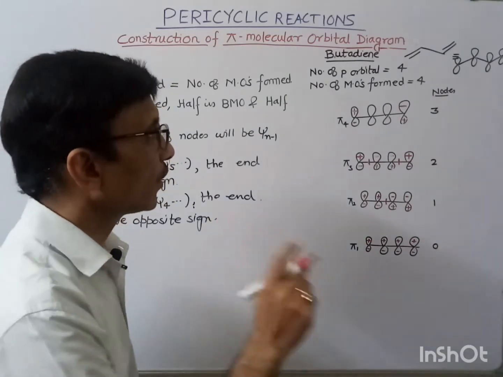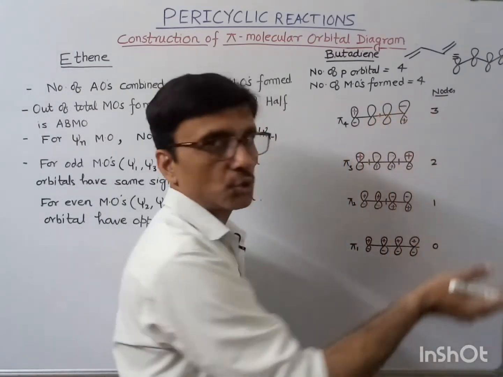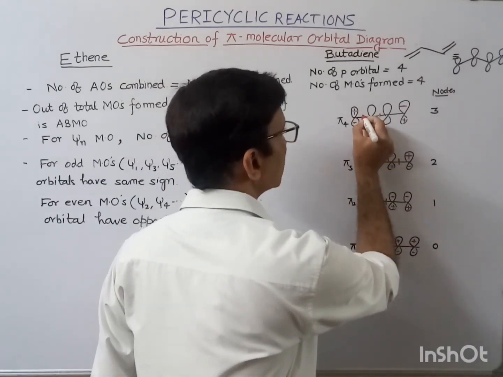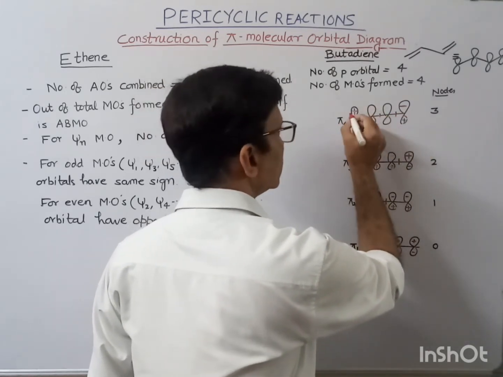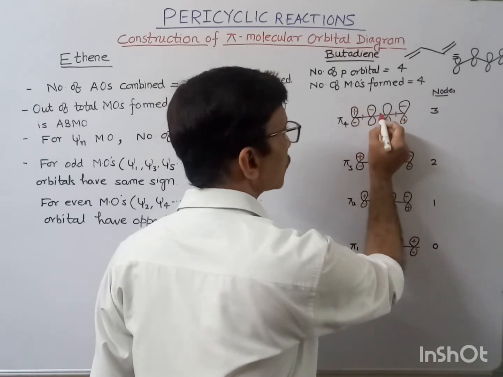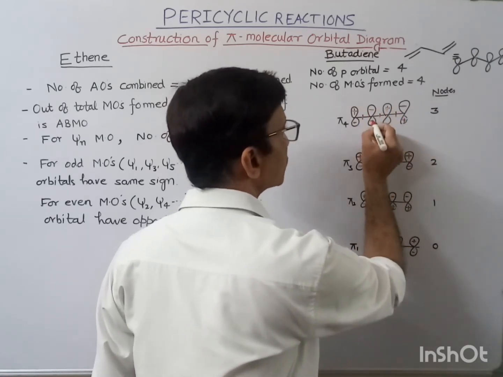It means one node should always pass through the center, and for the other two nodes there is only this possibility, that they can pass from here or from here. So if it is plus, then that should be minus. If it is minus, because one node is present, it should be plus, like this.